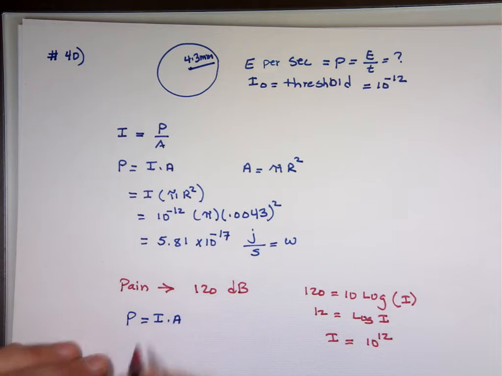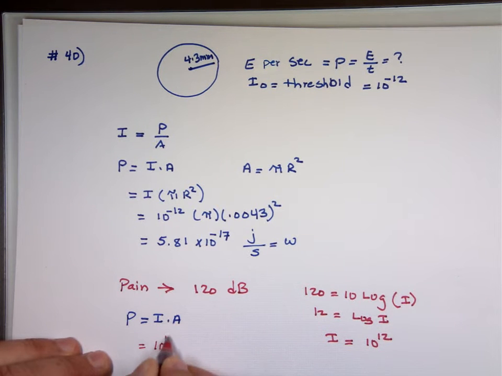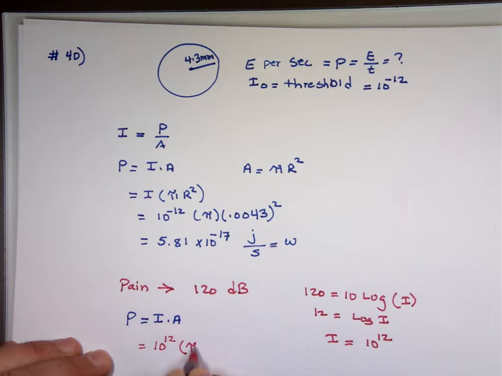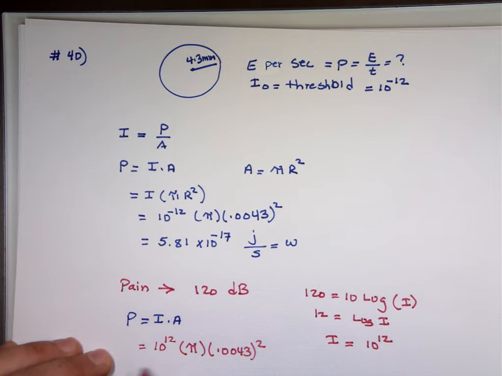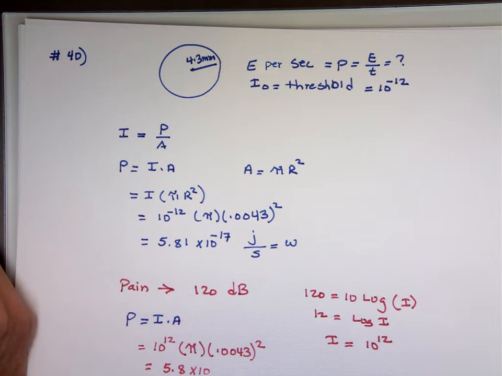So it'll be 10 to the 12 times pi times 0.0043 squared, which is 5.8 times 10 to the power of, 1, 2, 3, 4, 5, 6, 7, I think, watts.